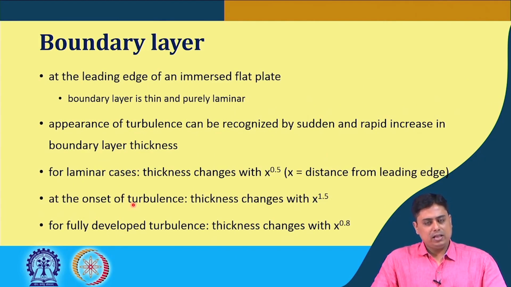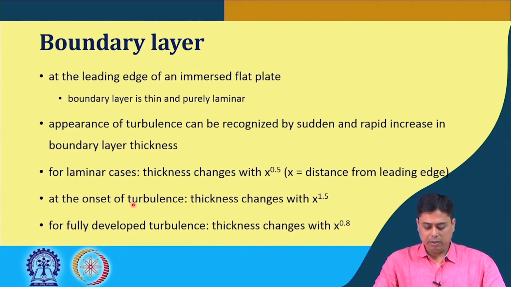So, at the leading edge of an immersed body, or let us say here the flat plate, the boundary layer is usually very thin and purely laminar. The appearance of turbulence can be recognized by a sudden and rapid increase in the boundary layer thickness.